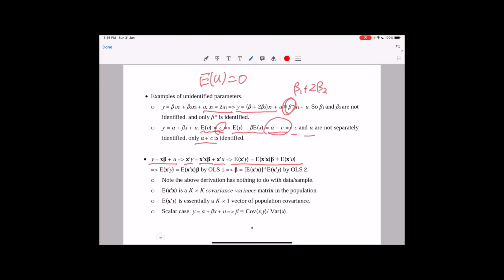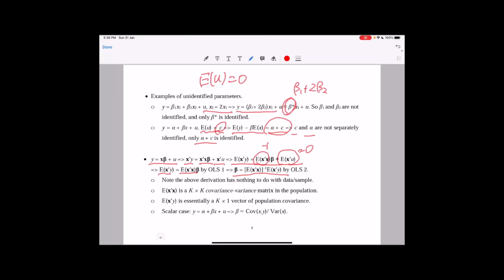By OLS 1, this term is 0. By OLS 2, the inverse of E[x'x] exists, so we can multiply both sides by the inverse. That shows beta equals E[x'x] inverse times E[x'y].